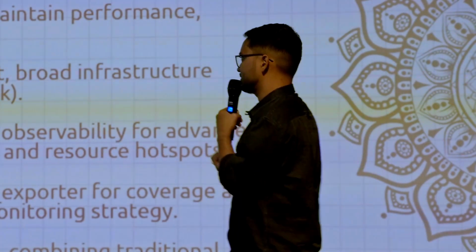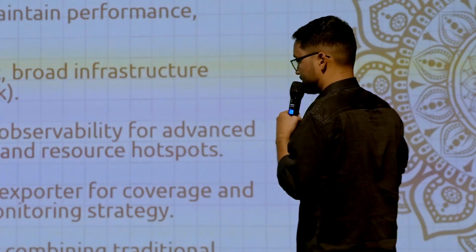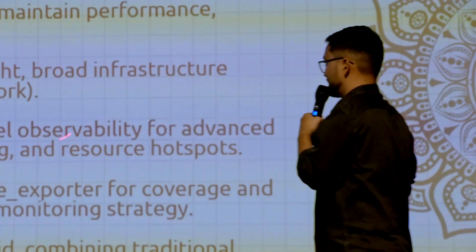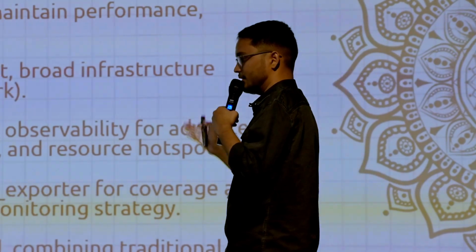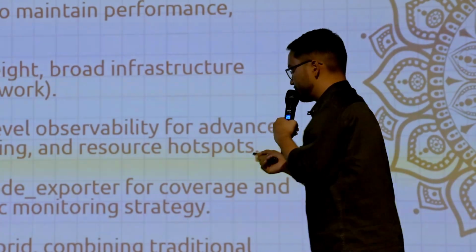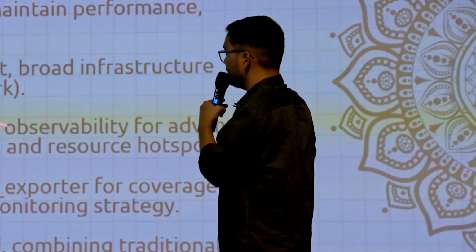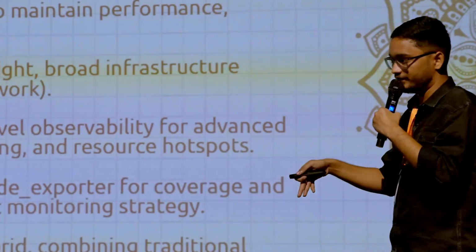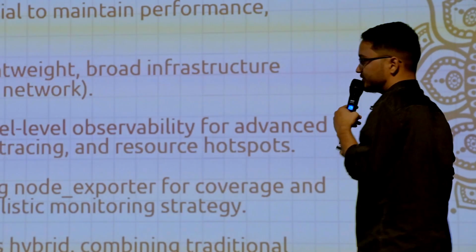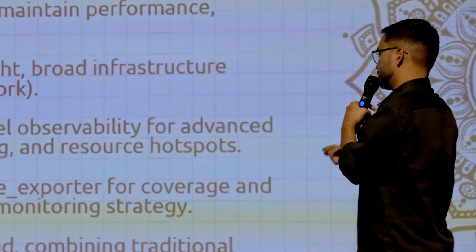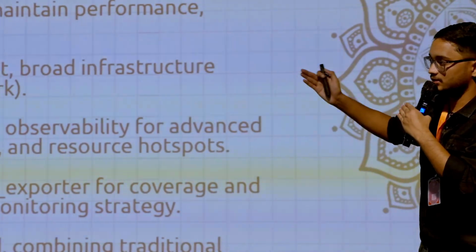Yeah, so these are some key takeaways. System monitoring is essential to monitor the system's health. Node exporter is a lightweight exporter which provides us broad level system health, but eBPF gives us deep system health metrics and granular kernel level observability, and both are complementary tools.